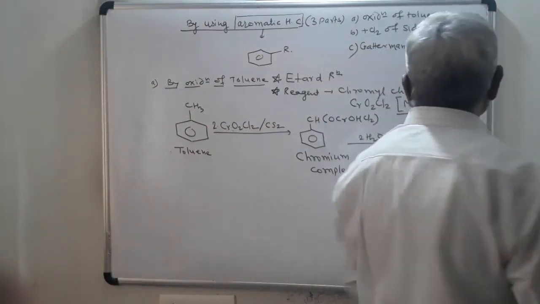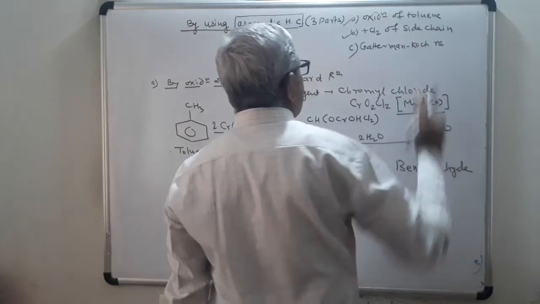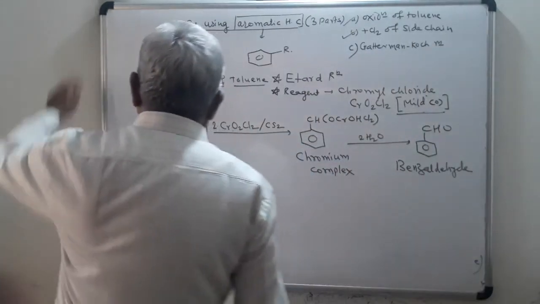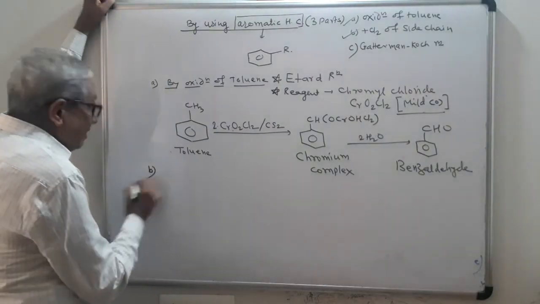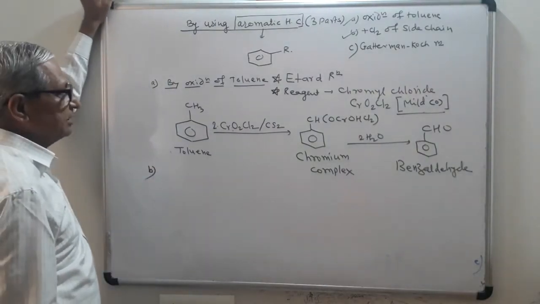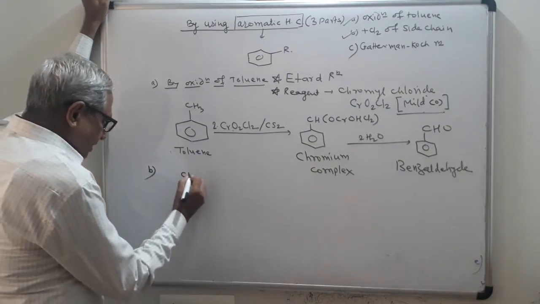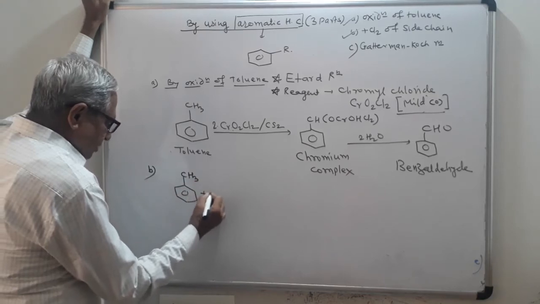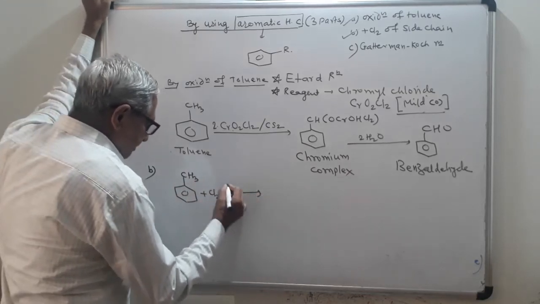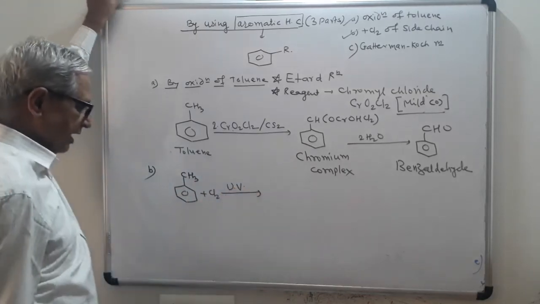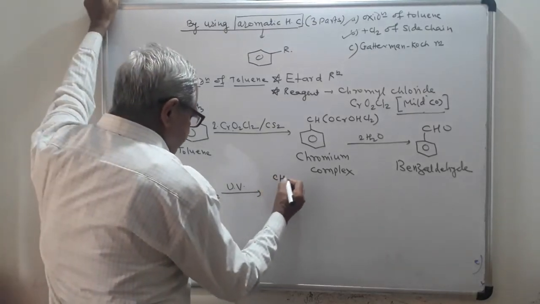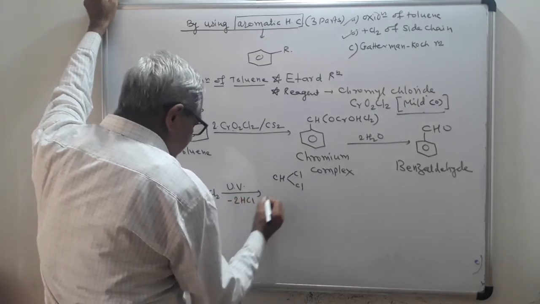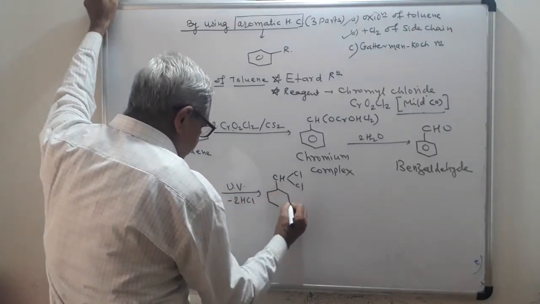Now the second part I will explain, that is chlorination of side chain. B part, by chlorination of side chain. Suppose you take toluene. You will do the chlorination reaction in presence of ultraviolet rays or sunlight. You will get the structure C6H5CHCl2. During this reaction, two HCl molecules are removed.